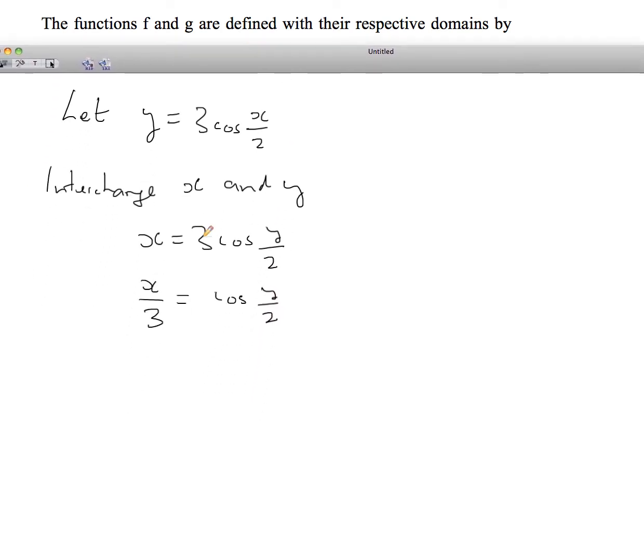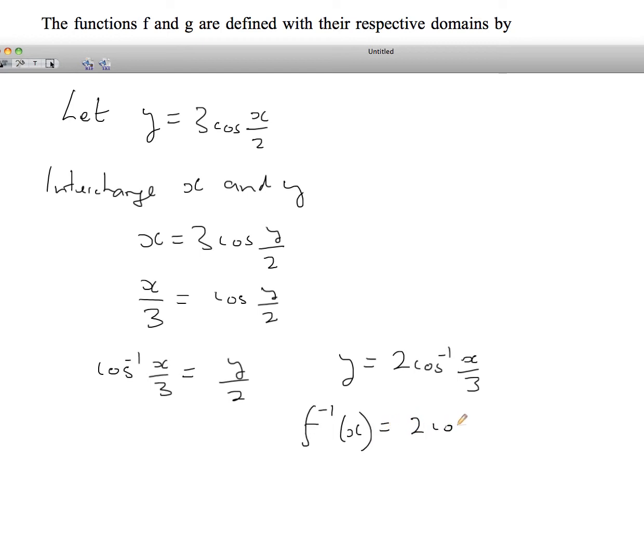Now if we do the inverse of that, we shall get cos minus 1 x over 3 is equal to y over 2. We really want y equals, so in fact y will equal 2 cos minus 1 x over 3. So we normally write it as f minus 1 x is equal to 2 cos minus 1 x over 3.